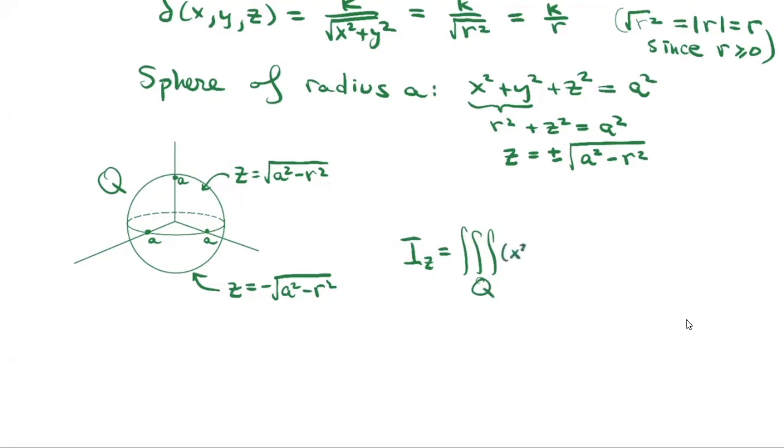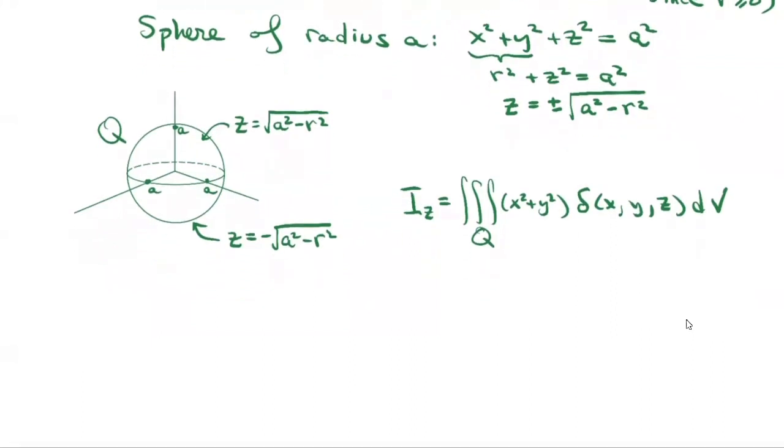Distance squared is x squared plus y squared. And then times mass, which is density times volume. Okay, so that's the same formula as before. Any questions?